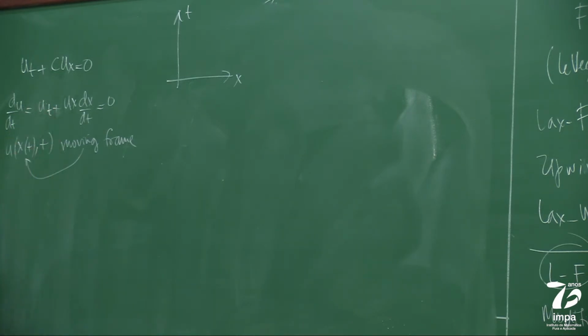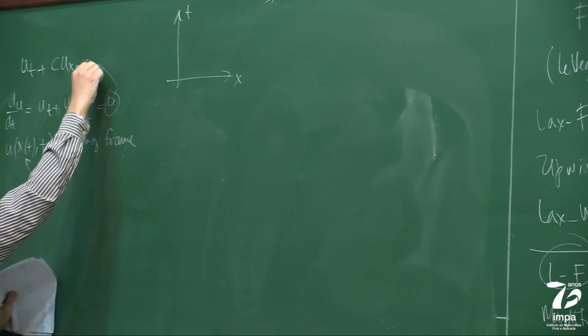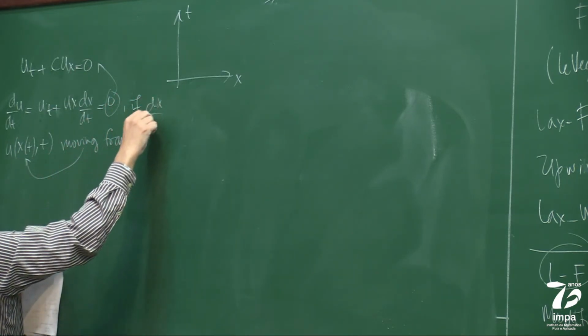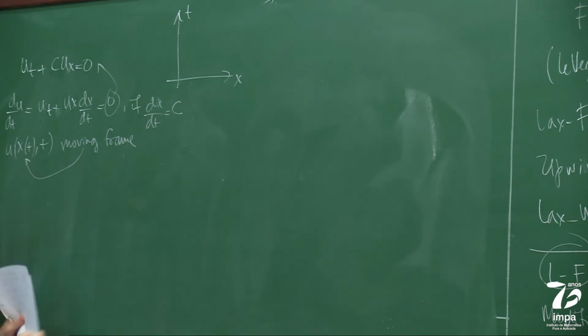So if I do this, this is just the total derivative, by definition. It's equal to 0 from the PDE if dx/dt is equal to c, because then it's the PDE.